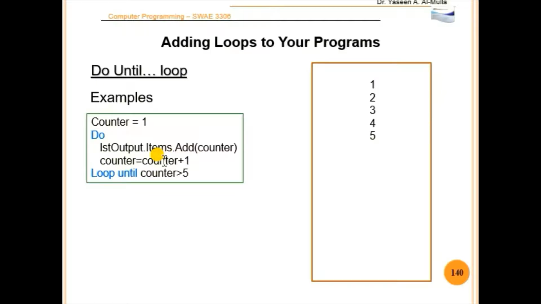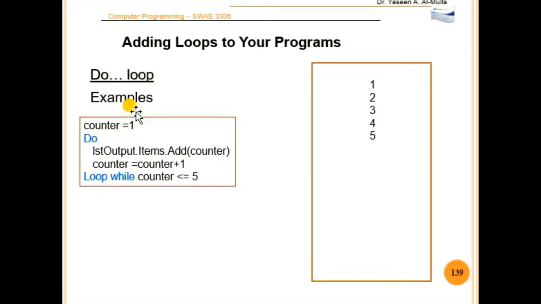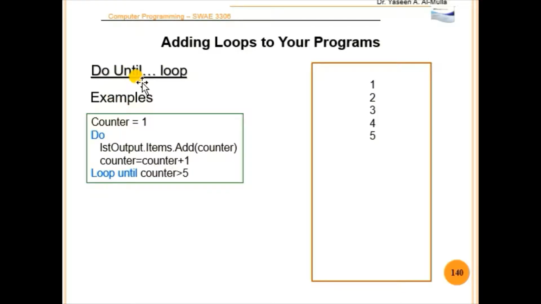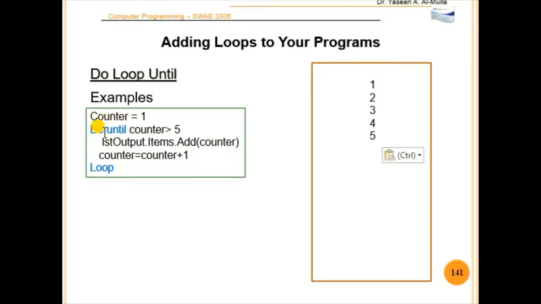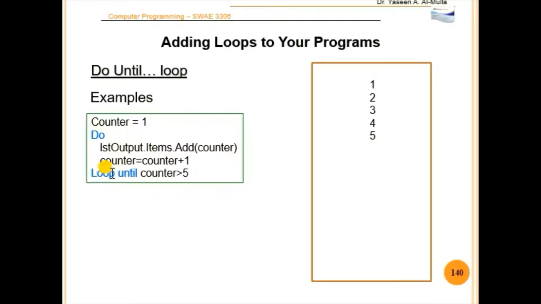The third format is where you change the word from while to until. And again, similar to the previous sample, until can be at the beginning, which is after do, or at the end, which is after loop.